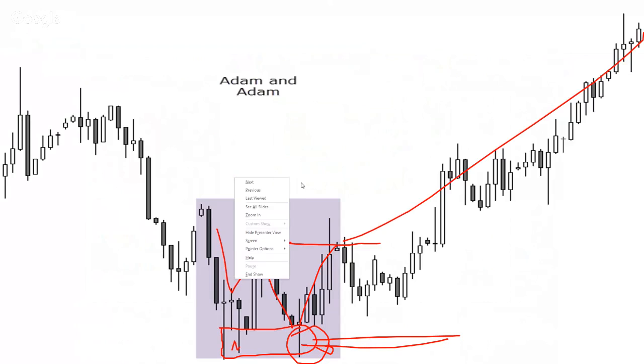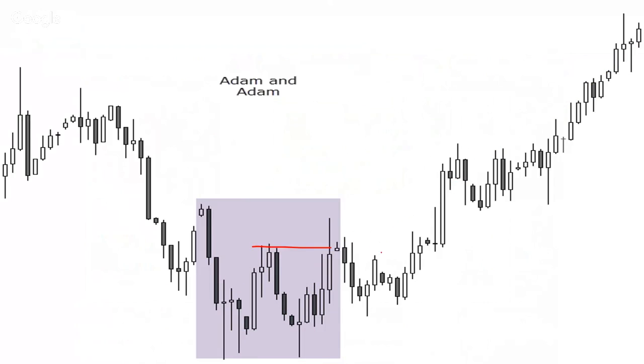But for all of you who are not experienced in trading, I would suggest that you wait for point 2 to break and then take a trade. Over time, you will gain some experience and you will be able to trade this even without a confirmation from the point 2 breakout.